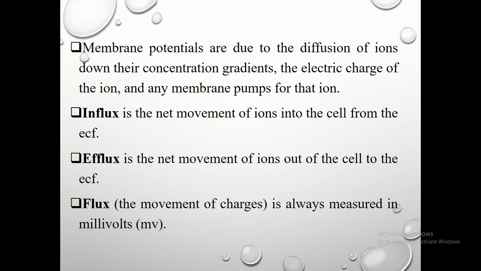During influx, the ions move into the cell from the outside environment, from the extracellular fluid, while efflux is the net movement of the ions out of the cell to the extracellular fluid. Flux is the movement of the charges, always measured in millivolts, which is already determined.